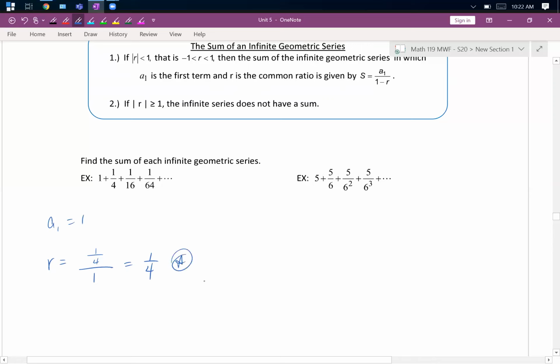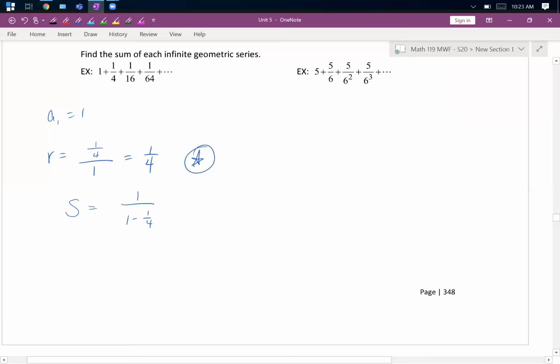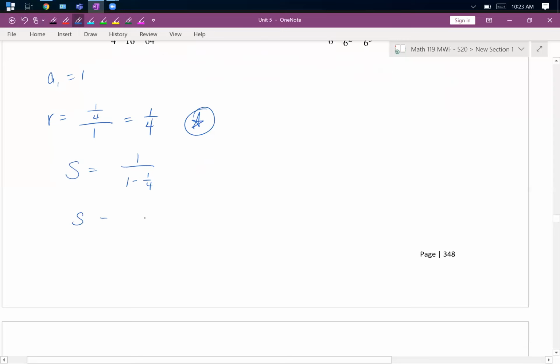And we're good to go because we ended up with something less than 1. Again, it could be positive, it could be negative. So now we can take our a sub 1 and our r and plug it into our formula for the infinite series. We're going to get 1 over 1 minus 1/4. So we get s to be equal to 4/3.